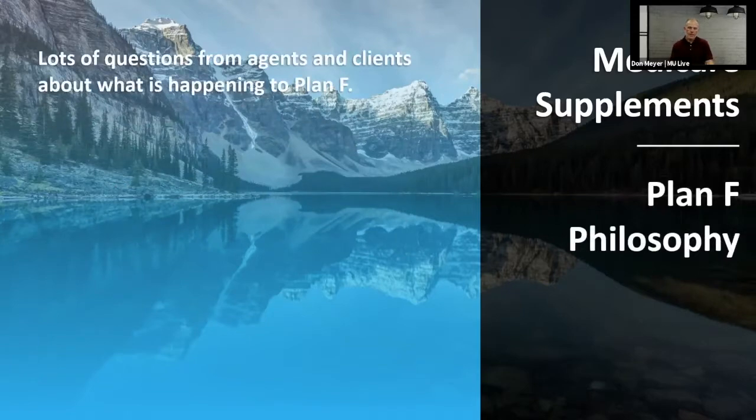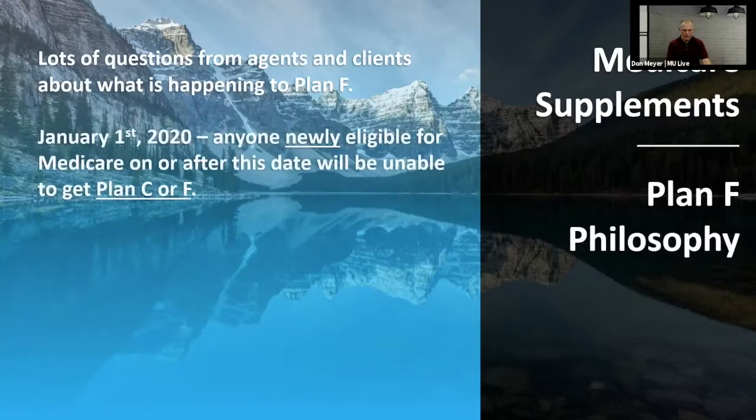So, now there's a lot of questions from agents regarding what is happening to Plan F. So let's talk about that quickly. January 1st, 2020, anyone newly eligible for Medicare on or after this date will be unable to get Plan C or F, right?